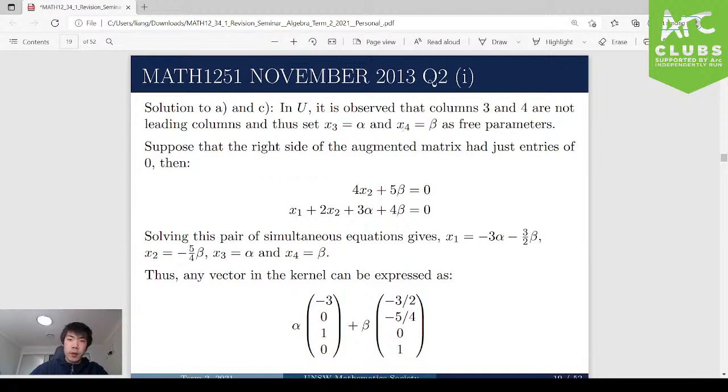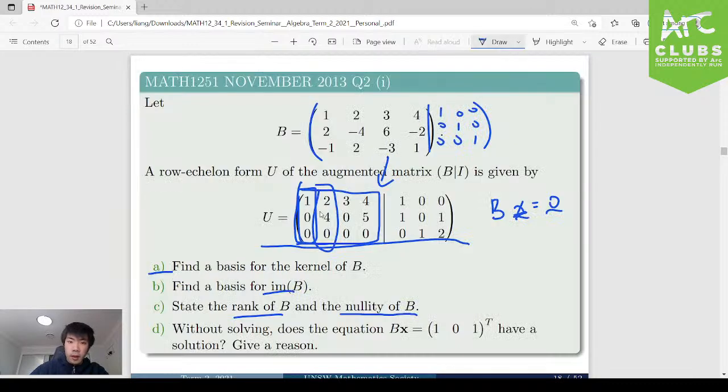Once we have x3 equals alpha, x4 equals beta, then we can do back substitution to find out what x2 and x1 are. So this first line here, 4x2 plus 5 beta, comes from this row, right? You have 4x2 and then plus 5 beta, because this 5 here is in your fourth column. And you're setting this against 0, because remember, we're trying to find anything that sends us to the 0 vector.